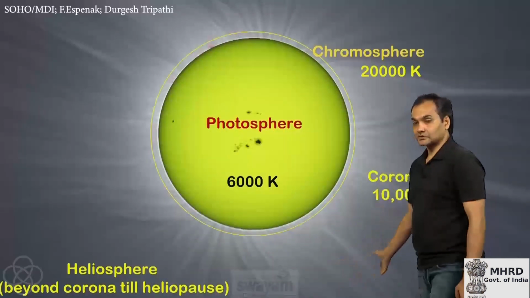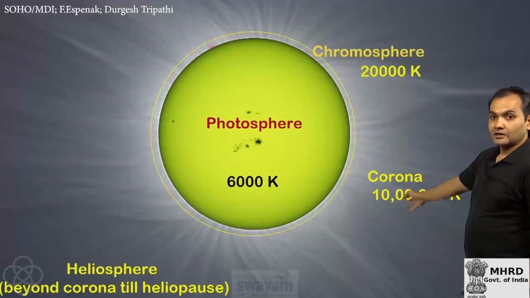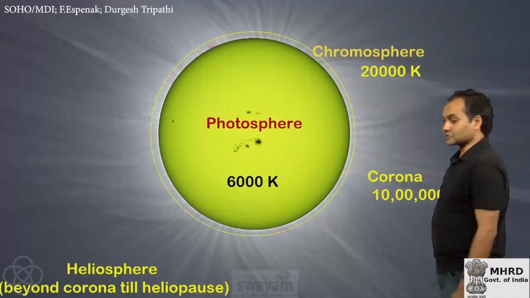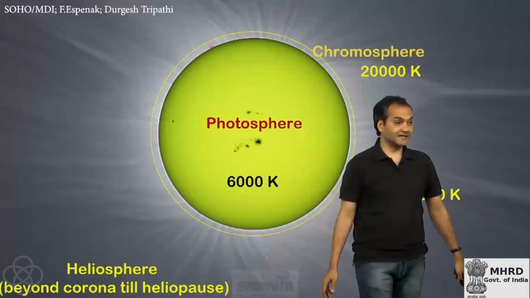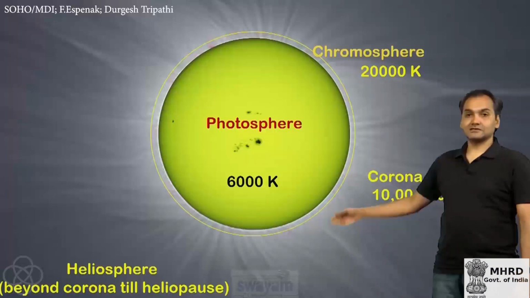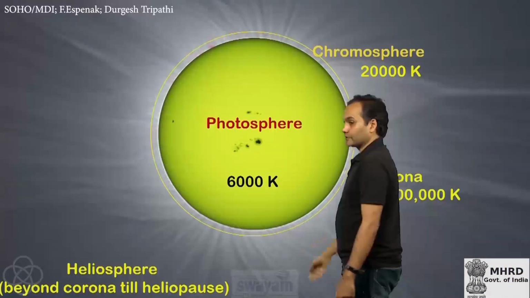That is your solar corona emitting at 1,000,000 degrees. In between you have the solar chromosphere, which, as I will show, belongs to various different spectral lines, and that is roughly around 20,000, 30,000 Kelvin.